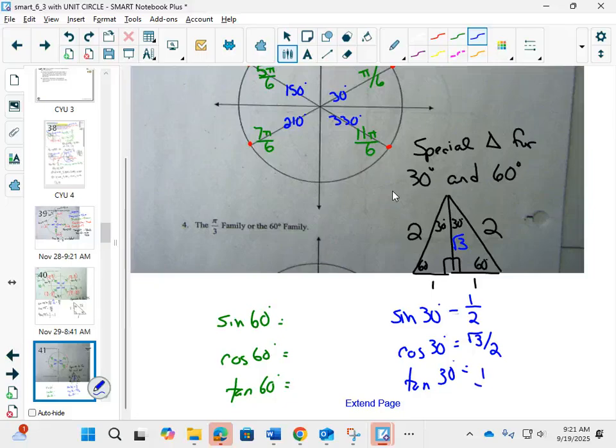Opposite over adjacent. 1 over root 3, which, if you rationalize the denominator, which I'm going to do, you get root 3 over 3. And same thing, sine of 60 degrees, root 3 over 2, cos of 60 degrees, 1 over 2, and tan of 60 degrees, root 3 over 1.